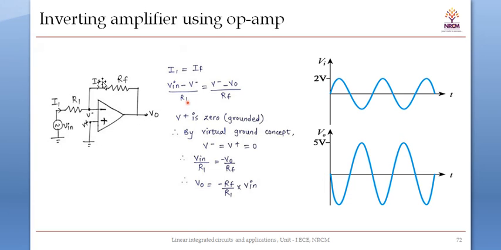The feedback is provided in such a fashion that VID equal to 0 is achieved. This is for the positive cycle; the amplification factor is RF by R1. Here, as it is 1K and 10K, it will be 10 times amplification.